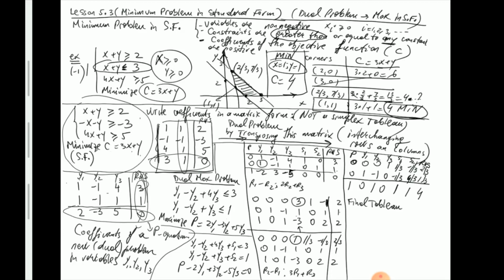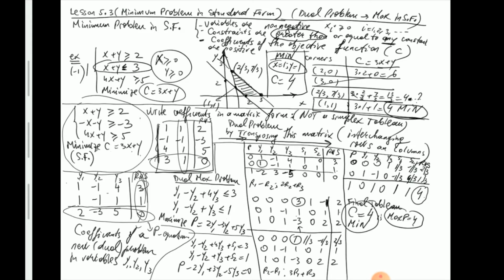The solution of the minimum problem is still for the cost function taken from the last corner. So the minimum value for the original problem is the maximum value for the dual problem. So the max P, which is given here, is going to be the minimum cost function for the original problem.